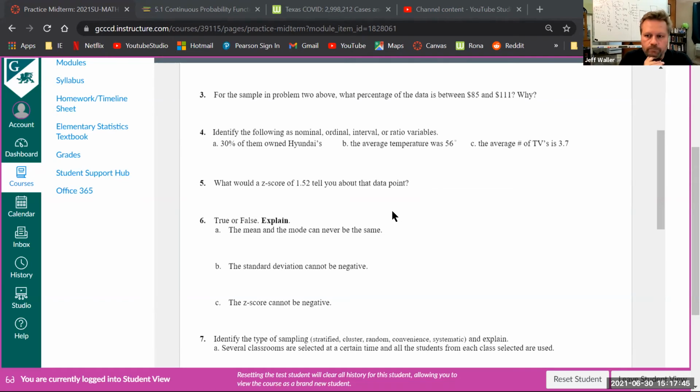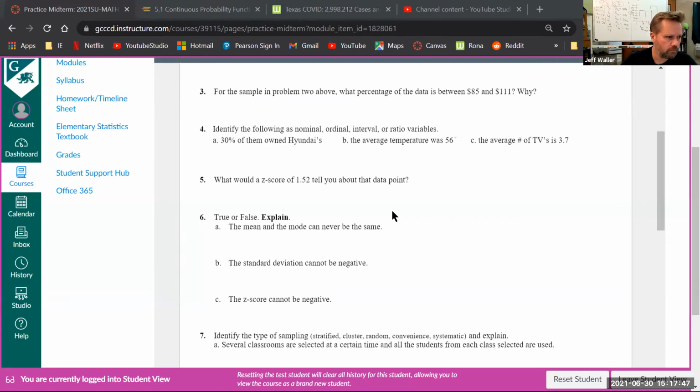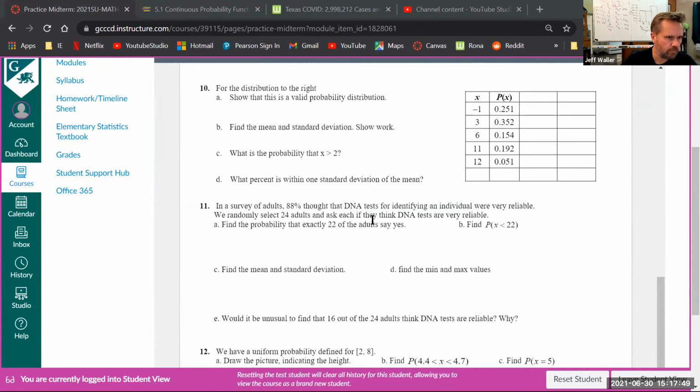Can we go over number 10, please? I'm stuck at where you would get the standard deviation. I've got all the lists filled out, but what's this list? It would be x times p of x.